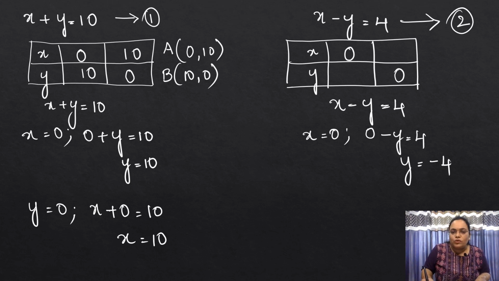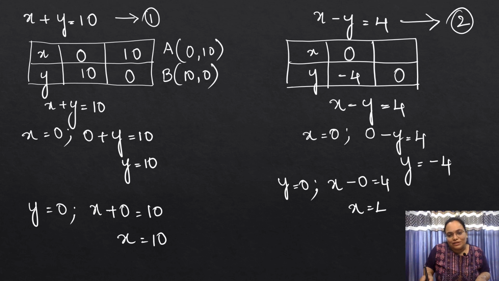When Y is equal to 0, this will be X minus 0 is equal to 4, so X is equal to 4. So the points are C of (0, -4) and D of (4, 0).